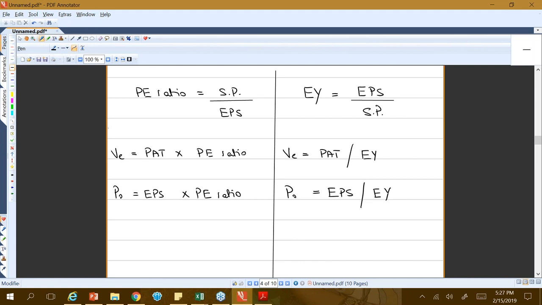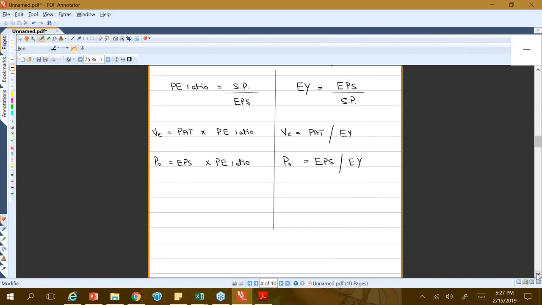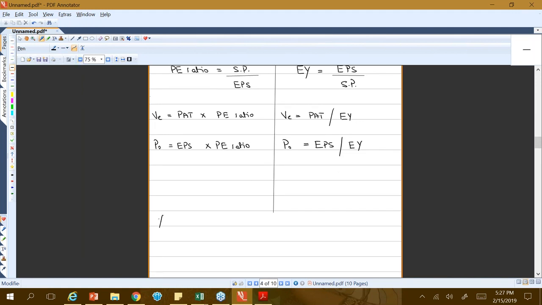Just to show you that there are different ways of computing this and the answers would be exactly the same, I'm going to do a quick example here. Let's imagine that the share price is $10, EPS is $2, and the profit after tax is $100.